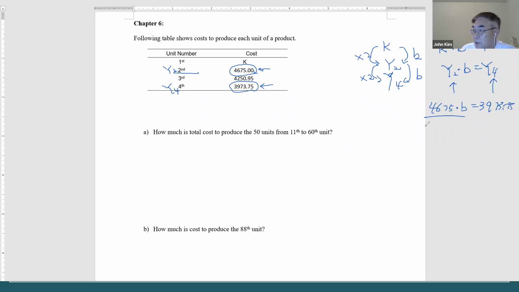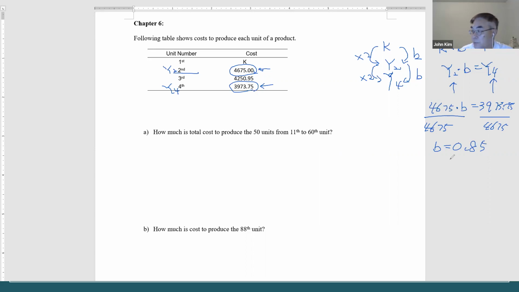From here, divide by 4,675 each side. Then what is B? Anybody has B? 0.85. Yes.